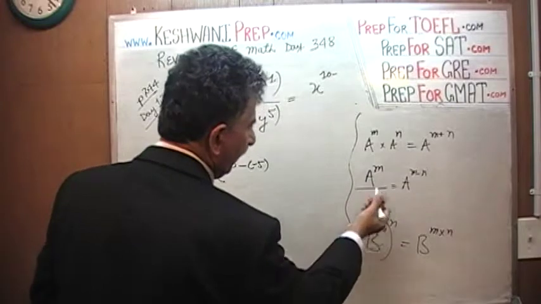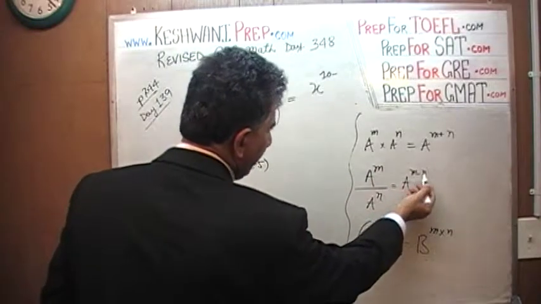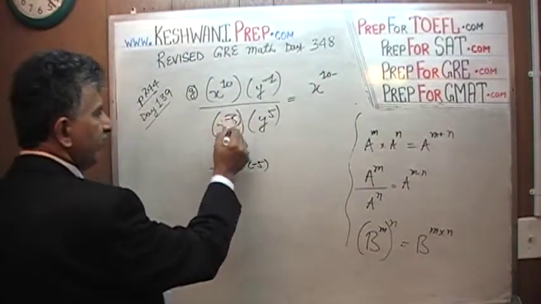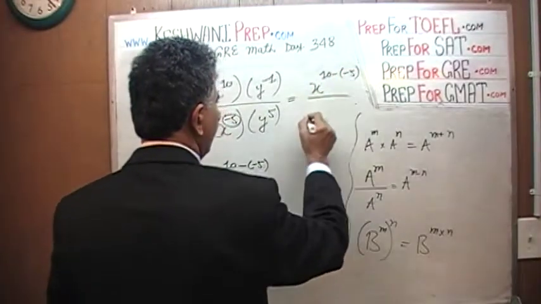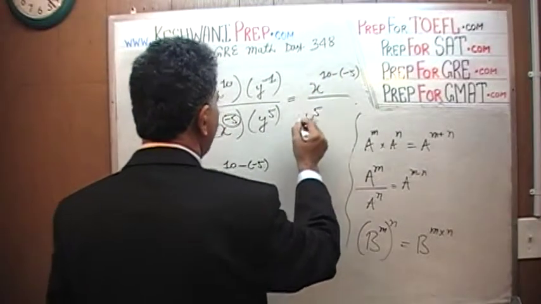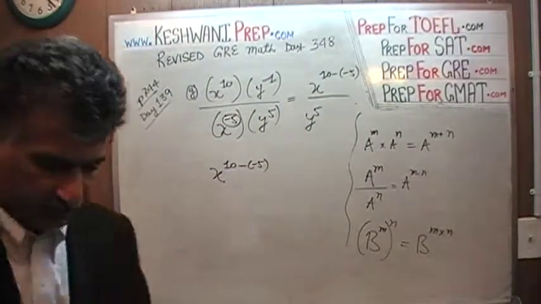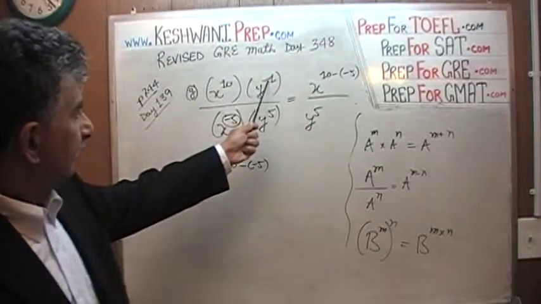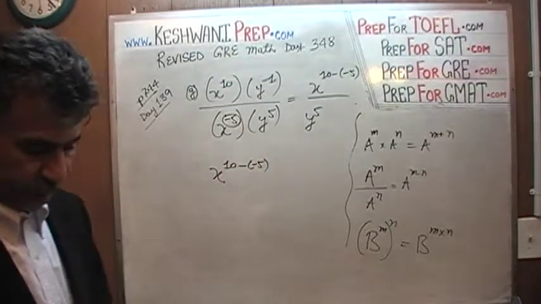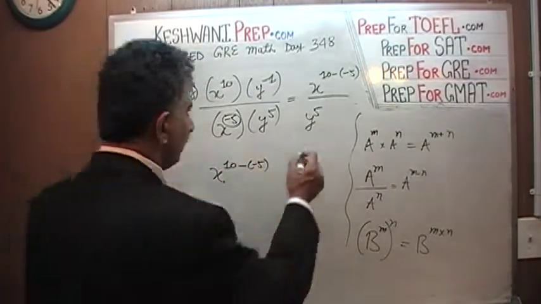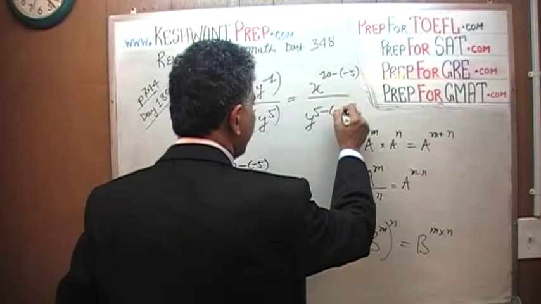You see, m over n is simply m minus n. So here it is negative 5, so it is 10 minus a negative 5. And here we will have y raised to 5, and then we have to bring this negative 1 down. When we bring it down, it becomes positive.